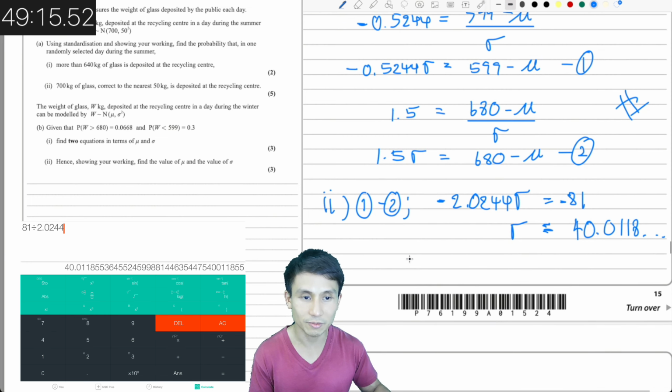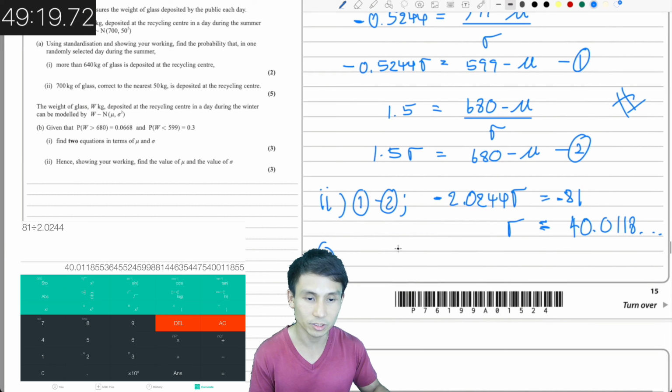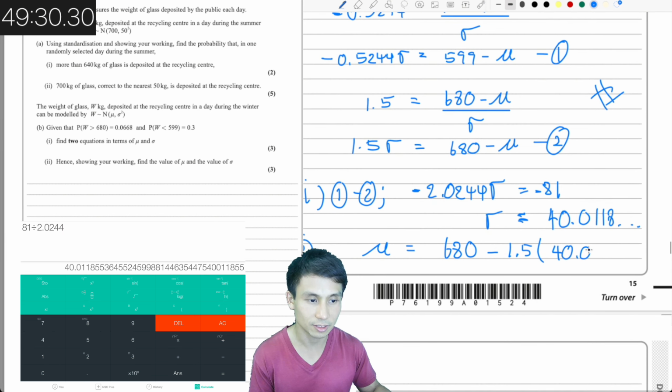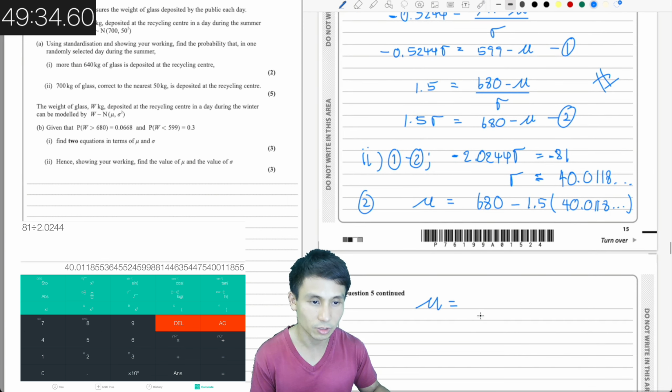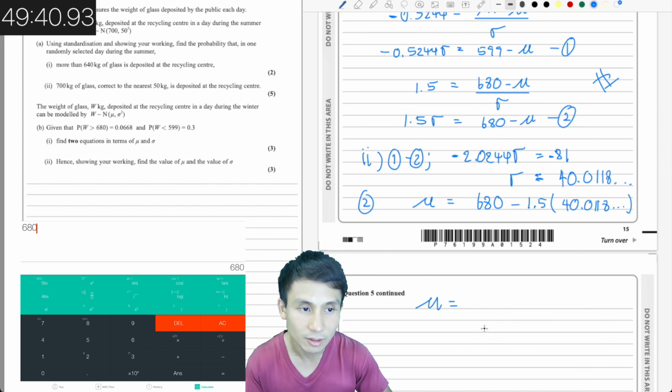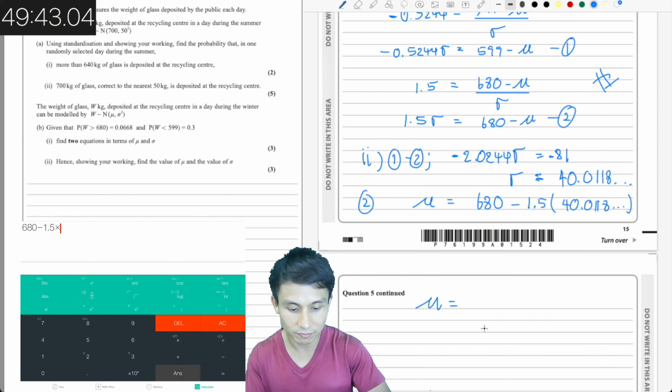And then to find mu, I just substitute sigma into equation 2. So mu equals 680 minus 1.5 times that. I put the answer to this one first, then I do 680 minus 1.5 times answer.